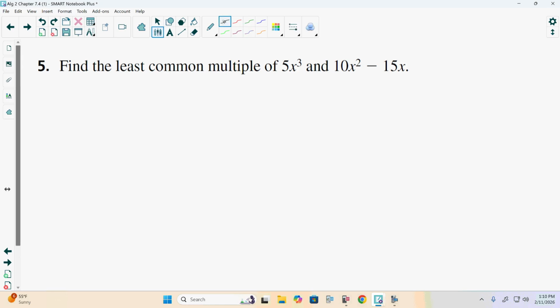Let's look at one more of these here. 5x cubed and 10x squared minus 15x. One of these is really nice. 5x cubed is already factored, it's already simplified, nothing we can do with it. 10x squared minus 15x. We don't have a constant term, so most likely we're not going to have two sets of parentheses with three spaces.